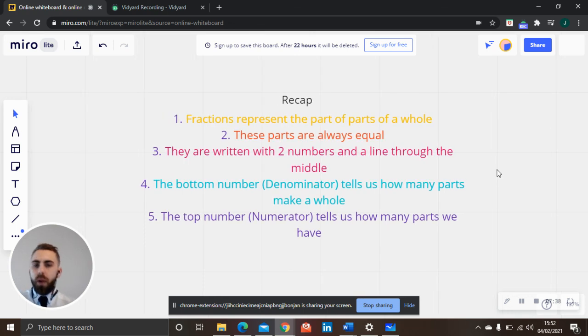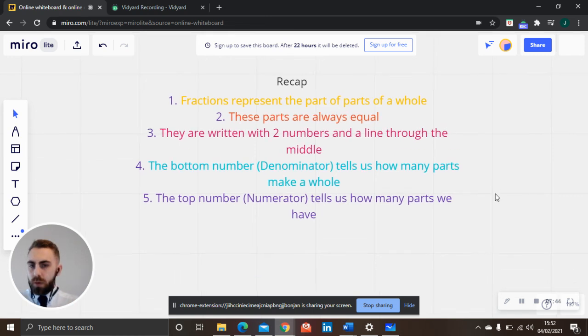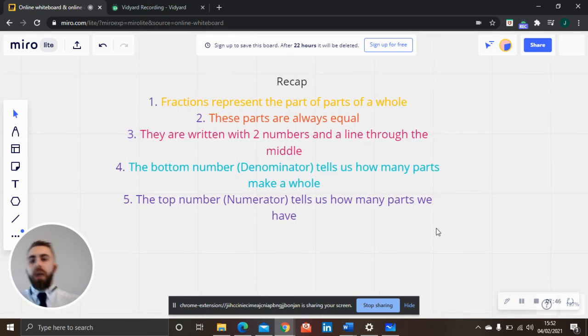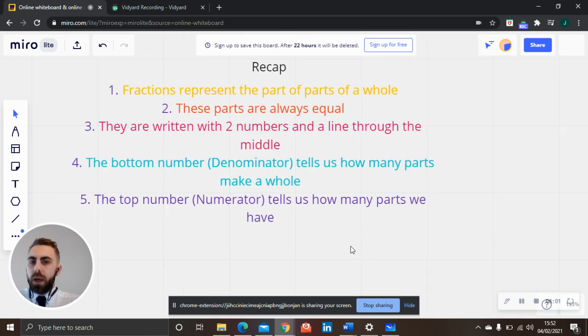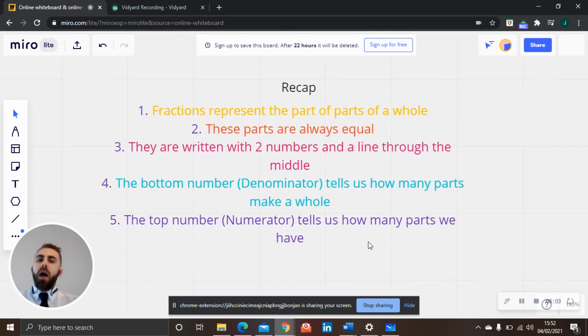Number 3, when we write fractions, we need 2 numbers and a line through the middle. Number 4, the bottom number is our denominator, and that tells us how many parts make up a whole. And the last one, number 5, the top number is our numerator, and that tells us how many parts we have. Okay, so that's your little recap, guys.